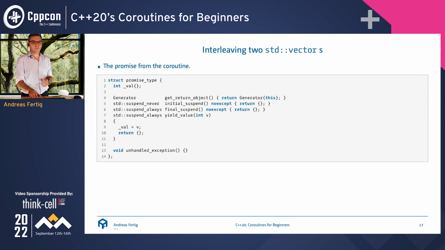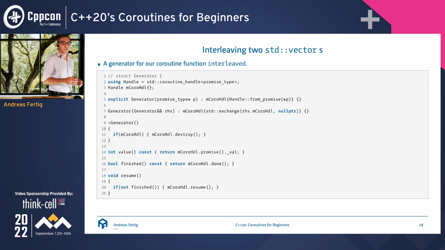Not so complicated. And here is my generator for the function interleaved. The same pattern, I used the same pattern all over the slides. Line number 2, I'm shortening a handle to my coroutine handle type, creating in line number 3 a member variable coro_handle of type handle here.